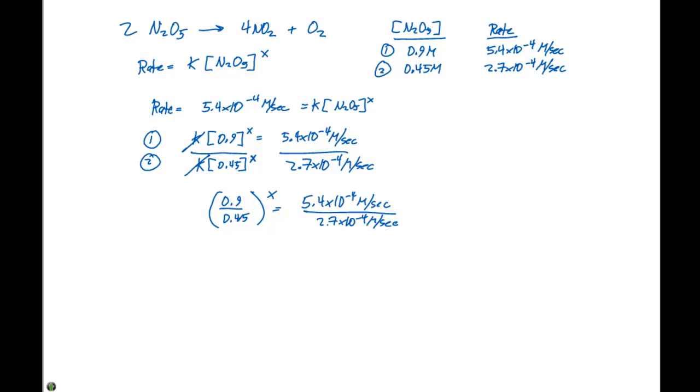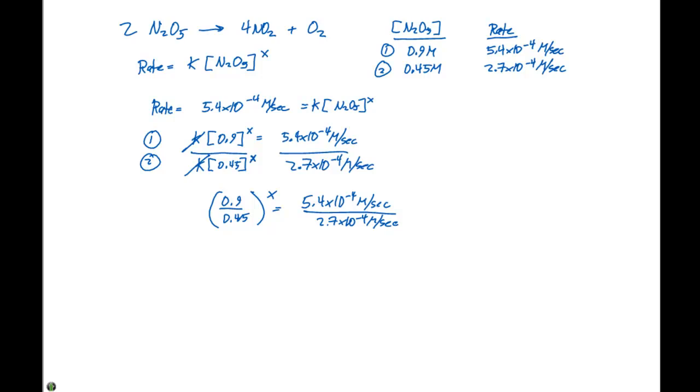And if you remember back from algebra, this is one of the laws of exponents, where if you have two exponents divided by each other, you can manipulate that expression to take the two concentrations inside the parentheses to the x power.